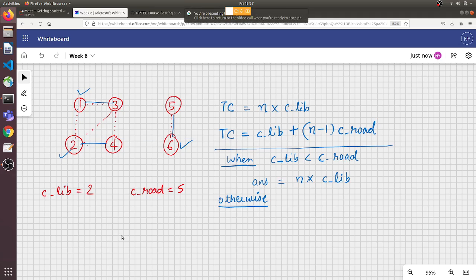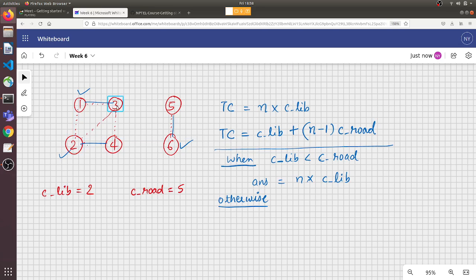I'll give a hint and then I want you to think about it. Let's construct one library in every connected component because that is the minimum we need, right? And then we construct the minimum number of roads in that connected component. If it's a connected component, that means we can reach from any city to any other city.